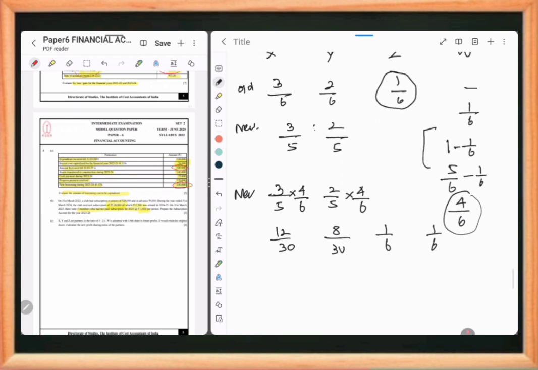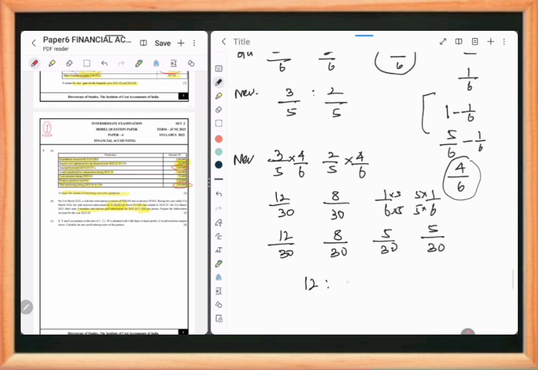So if you equalize the denominators, you have to multiply by 5: 1 into 5, 6 into 5, 30, so 5/30. So the ratio will be 12 : 8 : 5 : 5. This is the new profit sharing ratio. That's all.